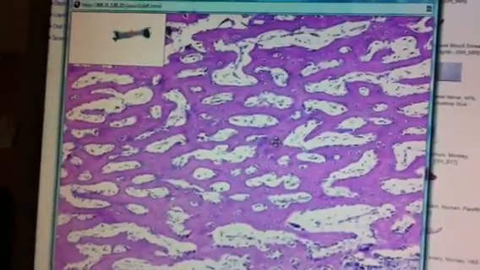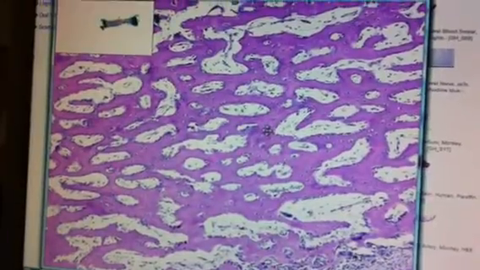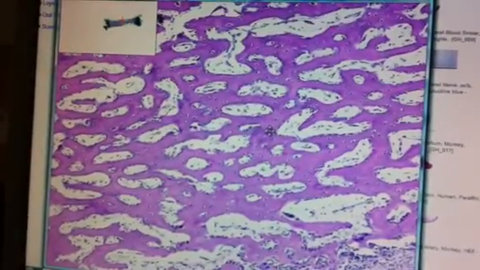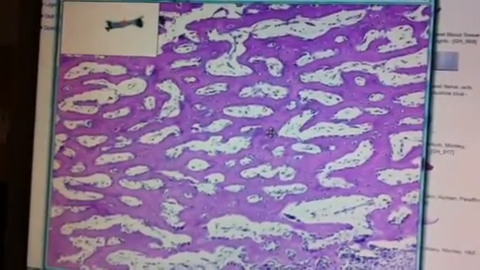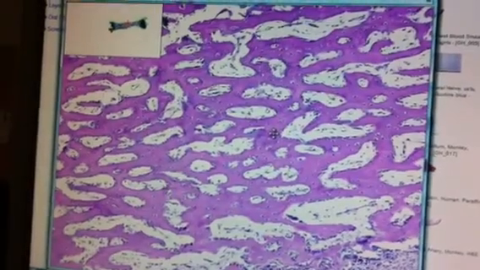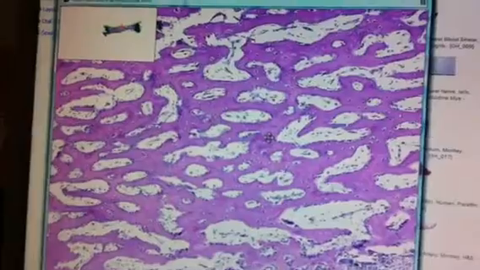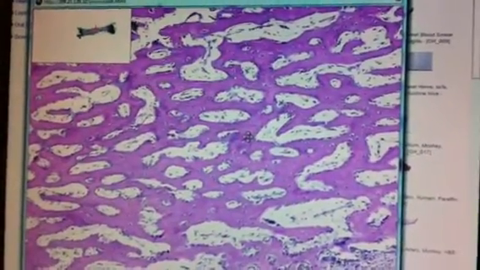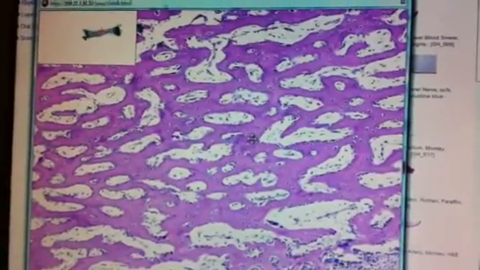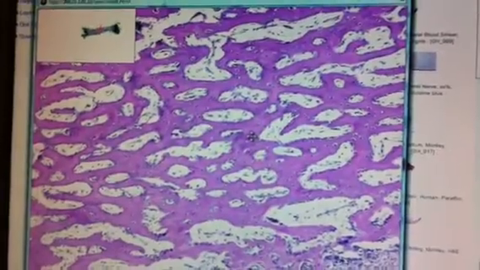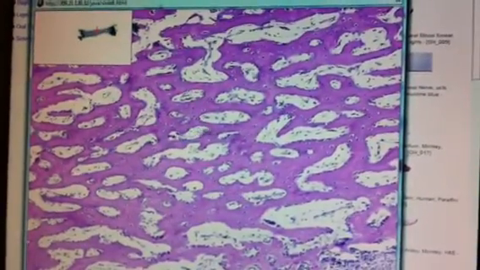Now when we come in here and I say name this tissue, be specific, it's going to be spongy bone, cancellous bone. Or, not lamellar bone, what was the third one? Trabecular bone, thank you.